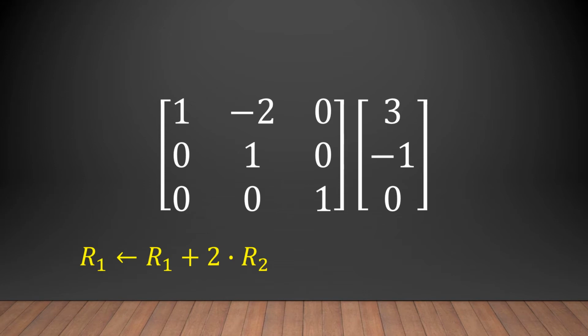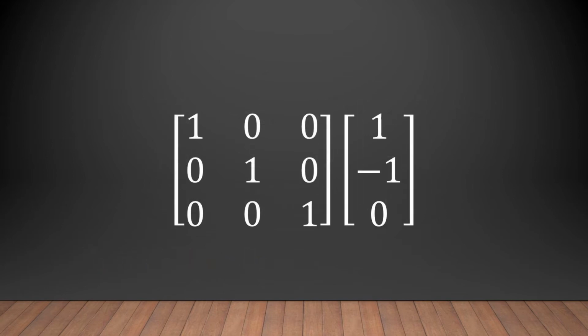And when you do that, the second position of the first row becomes a 0, because 2 plus -2 is 0. And then 2 times -1 is -2. Add that to the 3, and what would you get? That's right, the answer is 1. And so we now have the solution set for our problem.